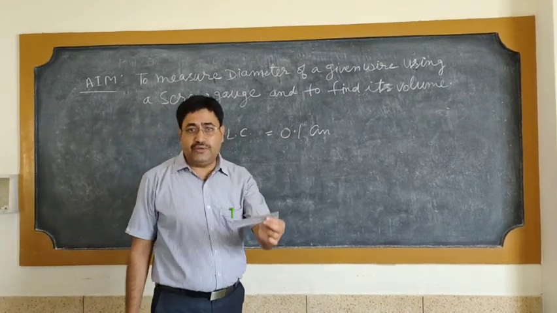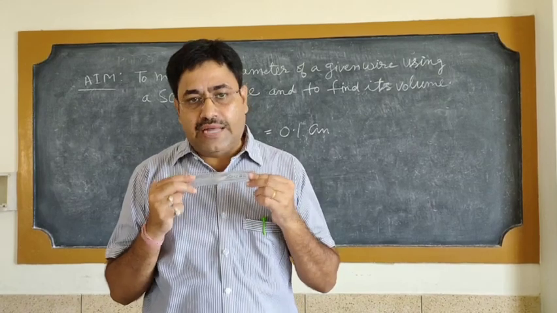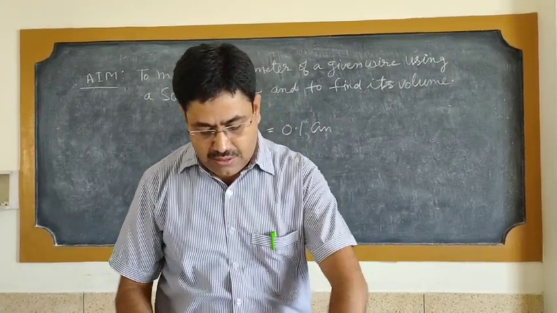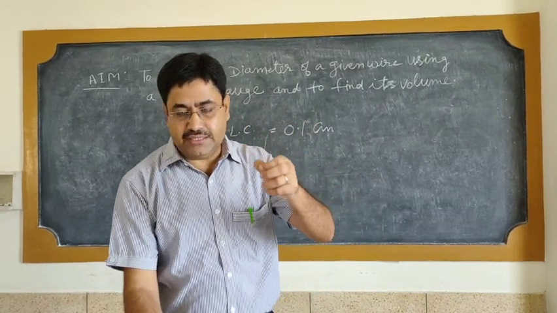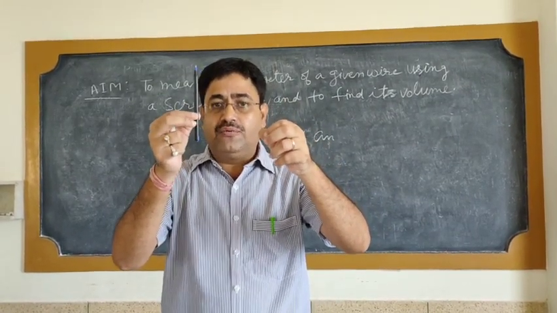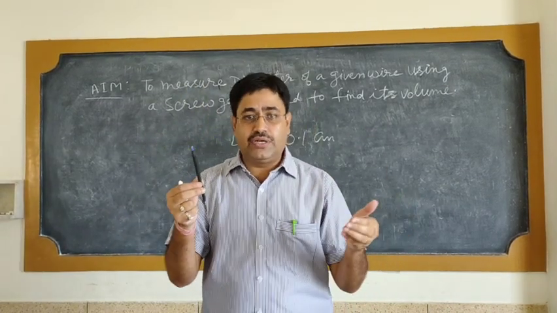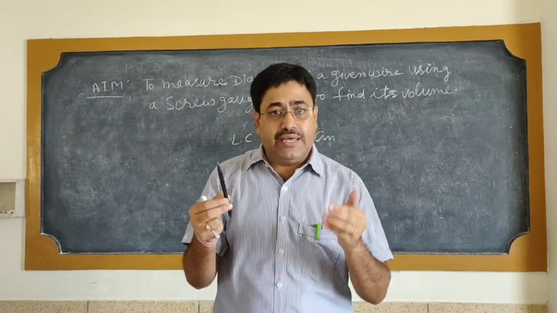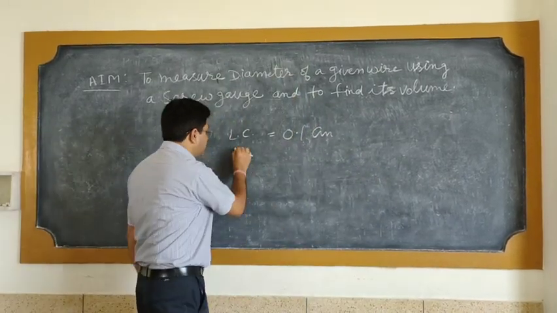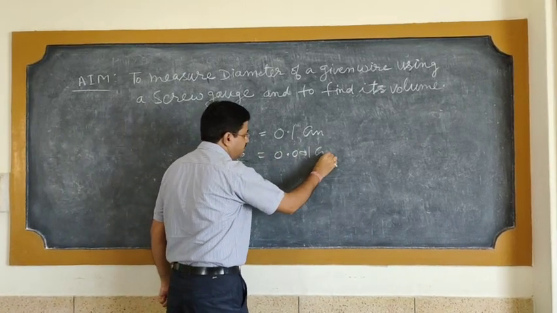Now suppose I want to measure the diameter of a given wire like that. Suppose this is the wire in my hand, and this is the pen in my hand. Now suppose I want to find its diameter with greater accuracy, and suppose I use an instrument which has a least count of 0.001 centimeter.